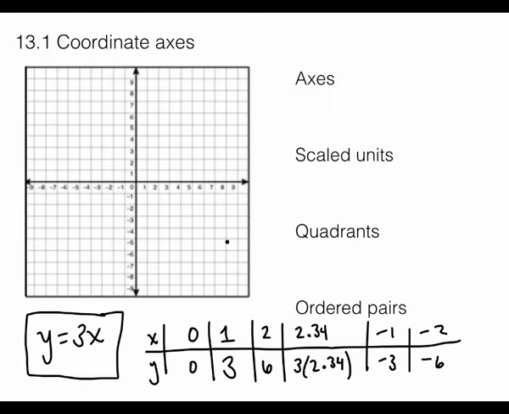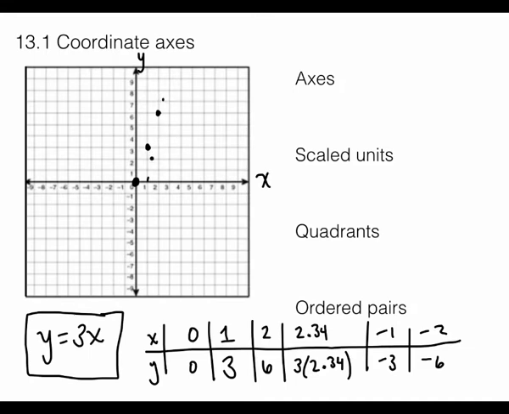If we follow convention and we call this our x-axis and the vertical axis our y-axis, then 0, 0 corresponds to when both values have a 0 value. 1, 3 means a value of 1 for x, a value of 3 for y. 2, 6, 2.3 and some stuff, somewhere around there.